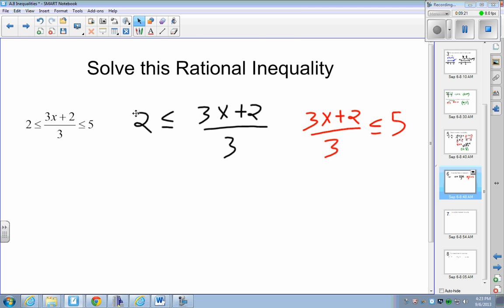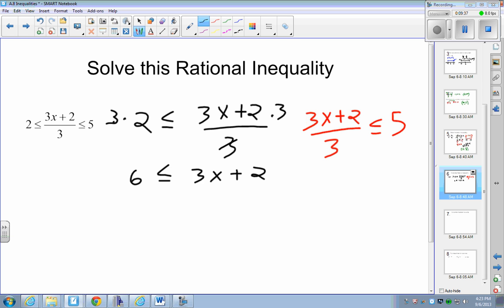Now what do we do about this rational bit? Well, it's easy. All we do is multiply both sides by 3. By doing that, we get 6 is less than or equal to 3x plus 2, because these 3's are going to cancel out. All right, now we just solve it like we would any other inequality.